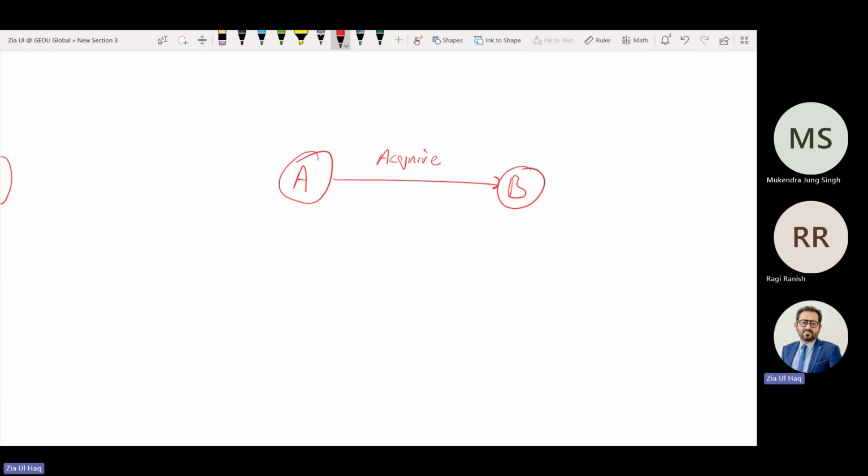How can they decide? Based on the assets, based on the value of company B. If company A doesn't have the knowledge to assess company B's valuation, they will come to us. Who are we? We are what? Practitioners.